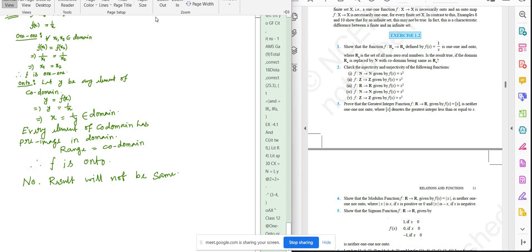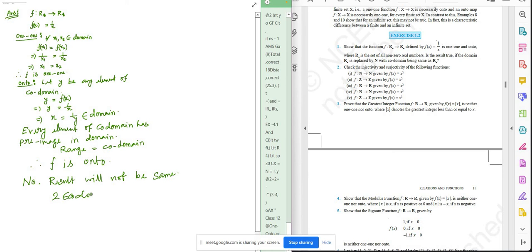One example if you want, you can give here. 2 belongs to codomain. Now we know that 2 equals fx.